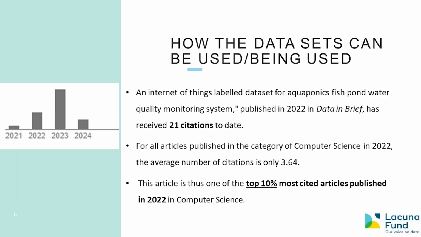When we published this, we have had over 21 citations on the publication, because we published it in Data in Brief to let people know about the data set. Because of that, we've gotten a lot of citations, and we've seen what people are using it to do.